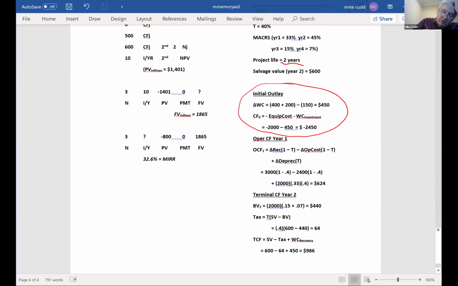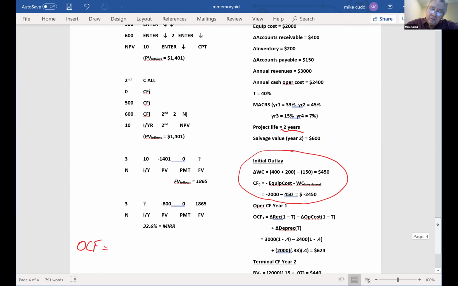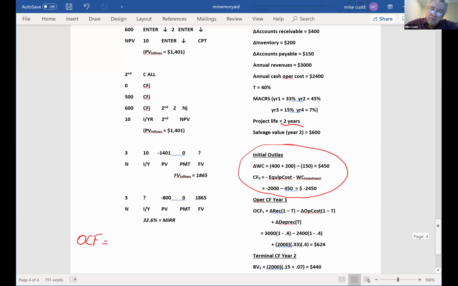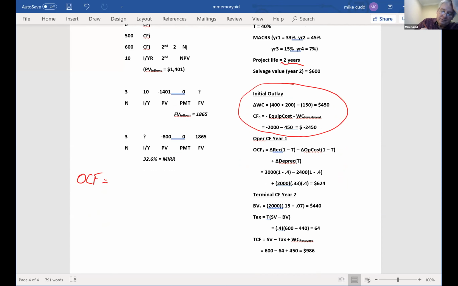For the operating cash flow, we want the change in revenues after tax. We're looking at revenues of 3,000 per year.